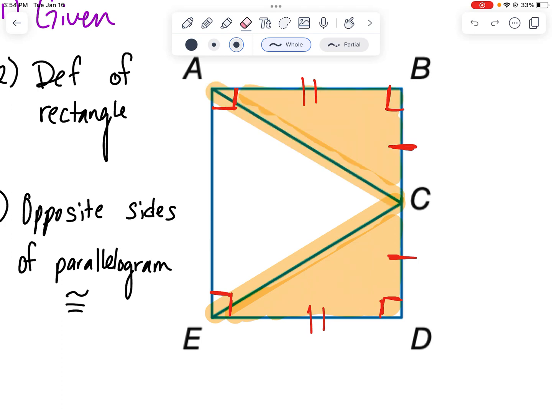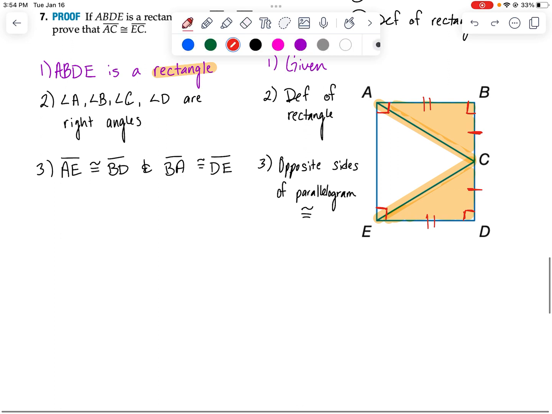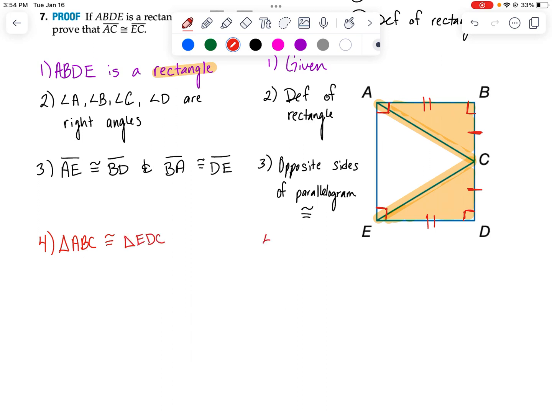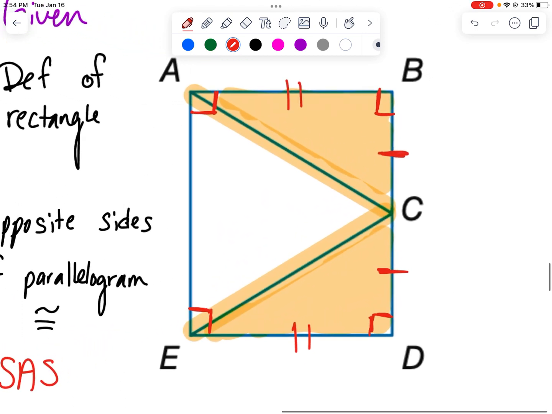So I have two congruent triangles here. But how does that help me? How does it help me to have congruent triangles?